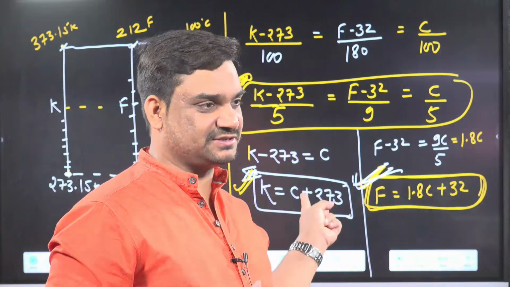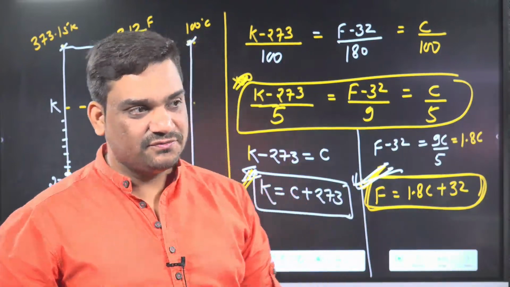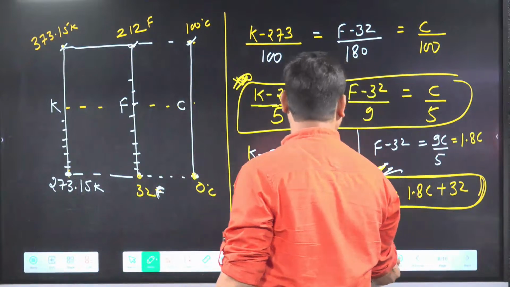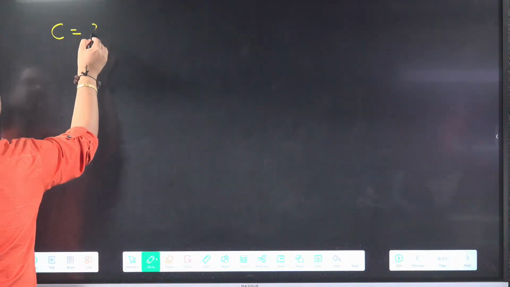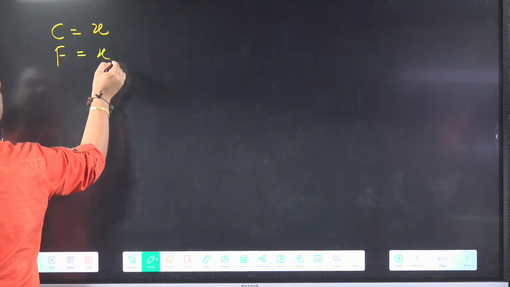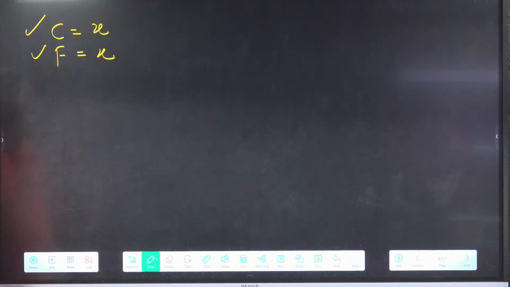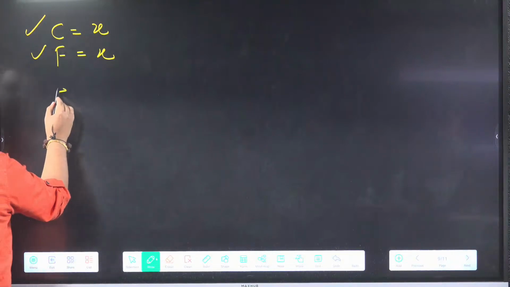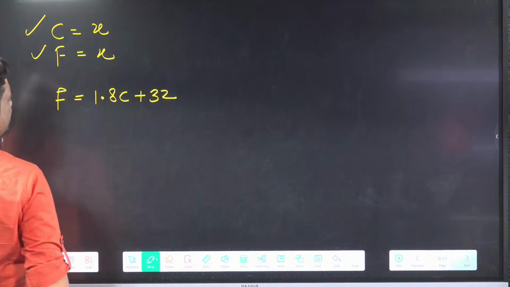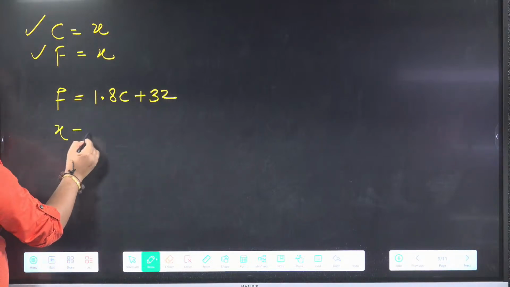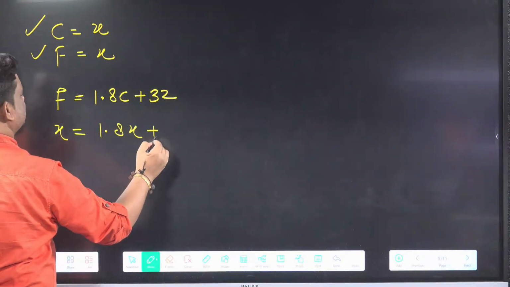That point I will tell next, okay? Right now, Fahrenheit and Celsius. So if you have to find the common temperature, it means C is X, then Fahrenheit is also X. Both are basically X. Common means same. Then we can use this relation F equal to 1.8C plus 32, and I will put here X equal to 1.8X plus 32.